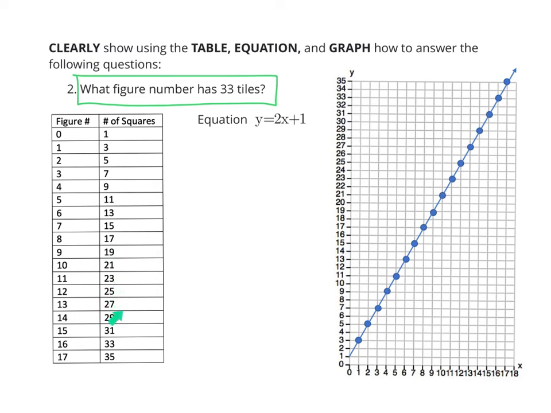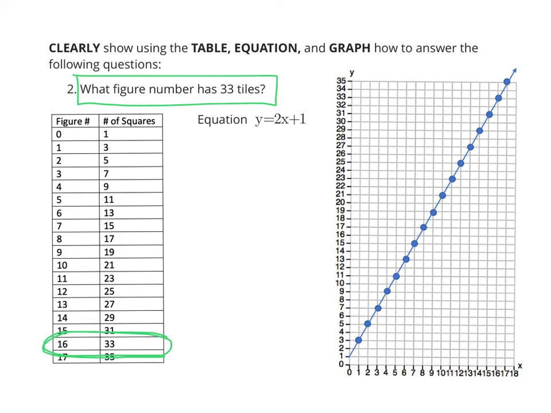This is why it's important to continue your table of values. Here is the number of squares, and here I see 33 tiles. So if I were to show my reader I know where my answer is, I would circle where 33 tiles is, and it tells me figure number 16 is what I'm looking for.